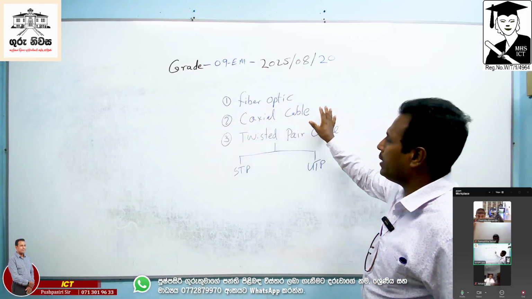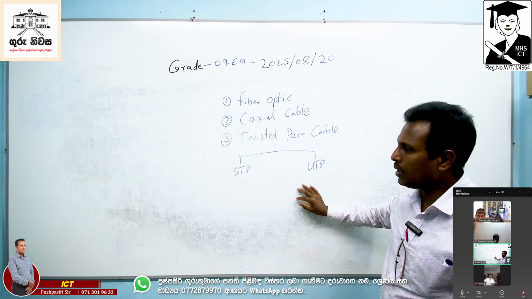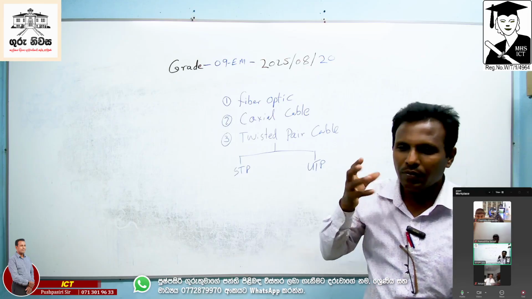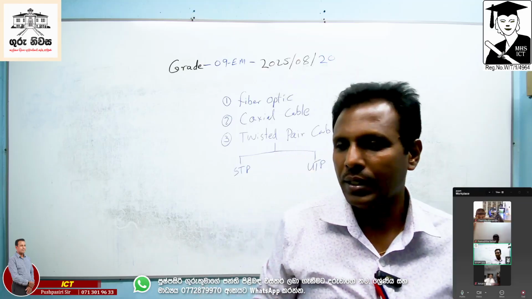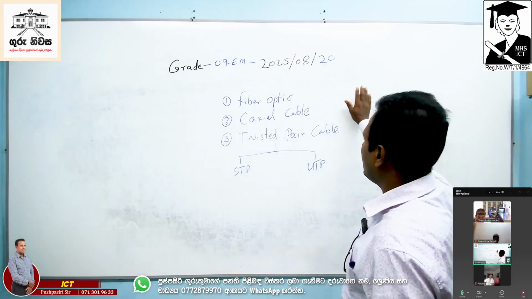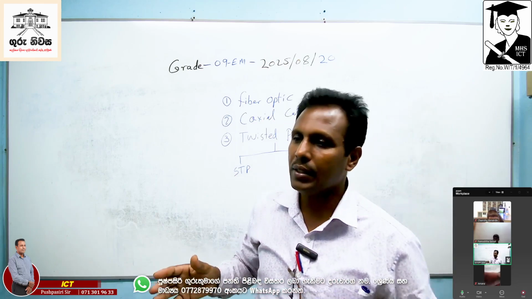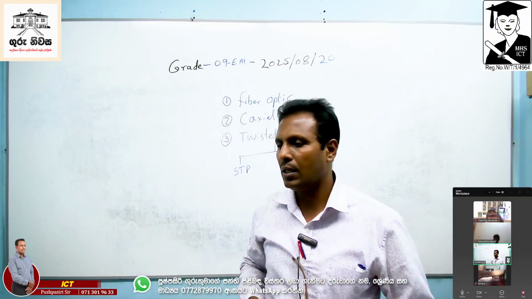So these are the wired media that we use for network connections, right? And in detail we discussed all those things with photos in those lessons. Then again there is another type, called what? Wireless network. In wireless networks we have four methods.